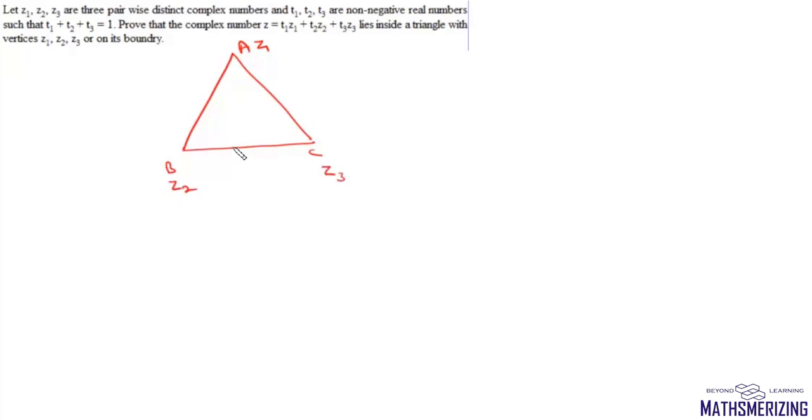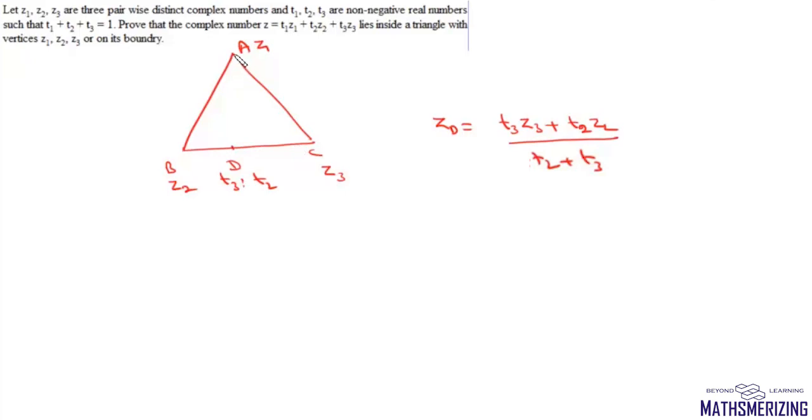Now suppose we take a point D on BC such that it divides BC in the ratio T3:T2. Then ZD will be (T3·Z3 + T2·Z2) upon (T3 + T2). So this point ZD will lie somewhere between B and C.